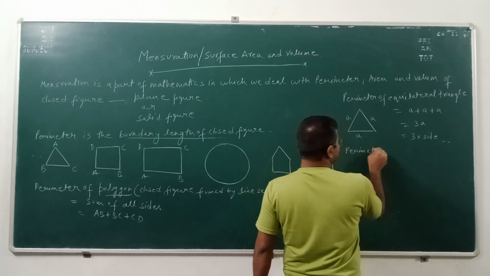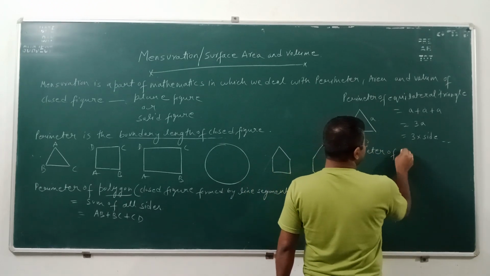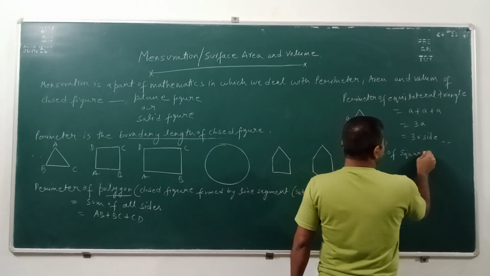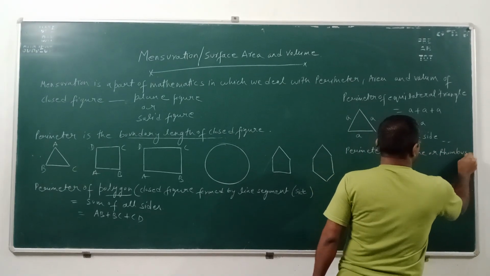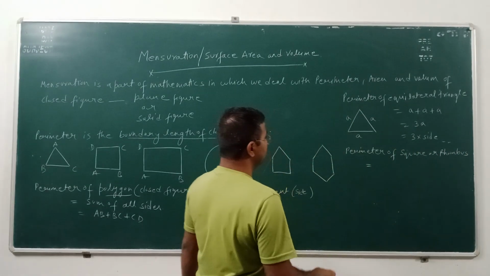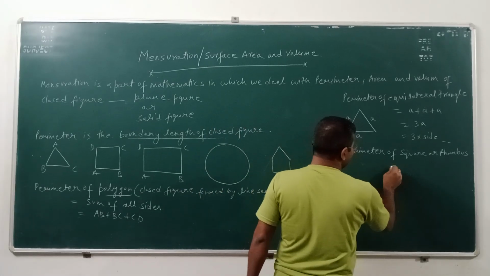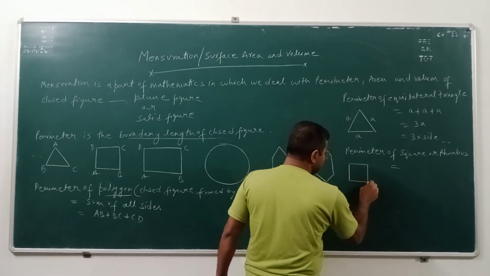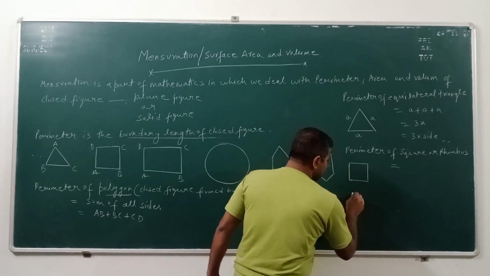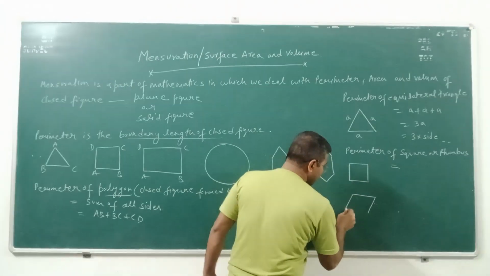Okay. Now perimeter of a square or rhombus. As you know, square and rhombus are the same, but a little different.